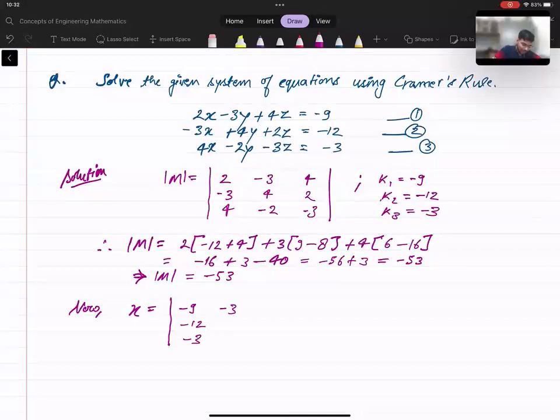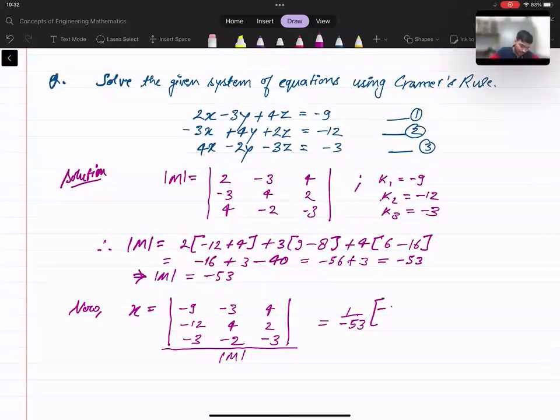So minus 3, 4, and then minus 2. Again here we have 4, 2, and minus 3. Okay, and this we will divide by determinant of m. So this will be nothing but, let us say, this is 1 over minus 53. This is the determinant of m, and this determinant now we can calculate.